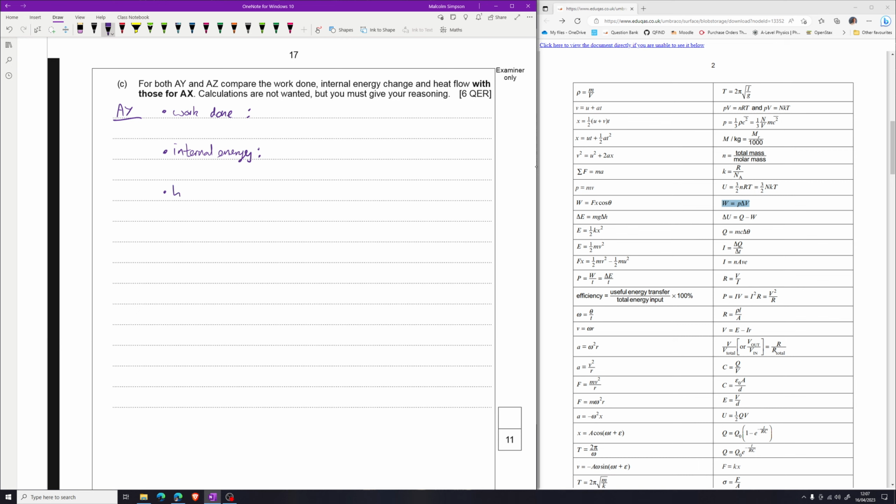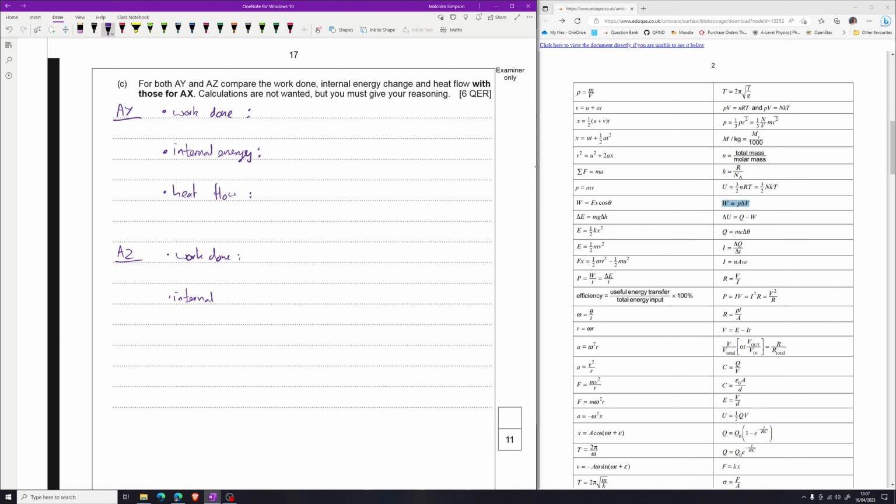Heat flow. And leave myself some space. And then AZ and same thing. Because in this example, you know, the question has basically done this for us. It's told us what we need to include.